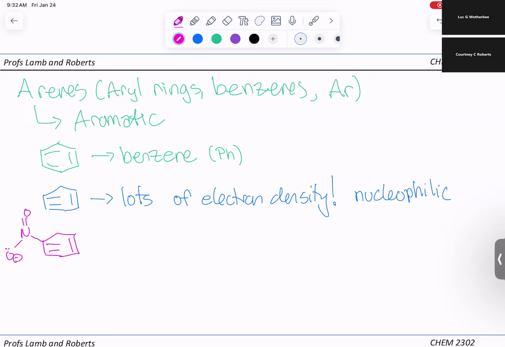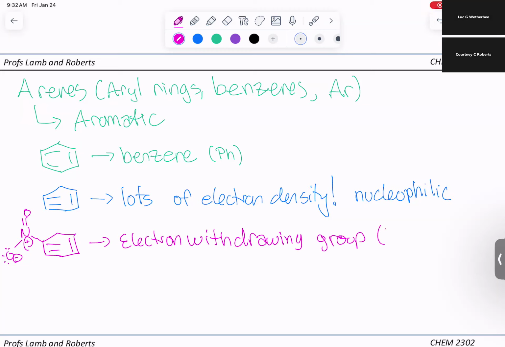And this is a molecule, nitrobenzene, that you're going to see a lot, okay? So we have an electron withdrawing group. And so we're pulling electron density away.